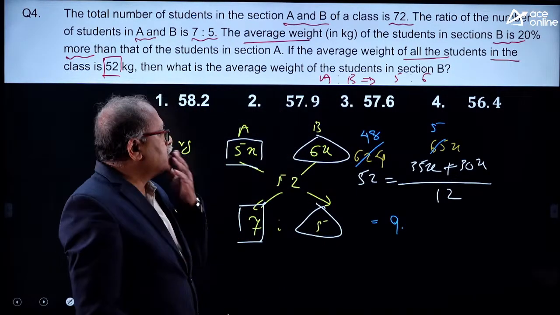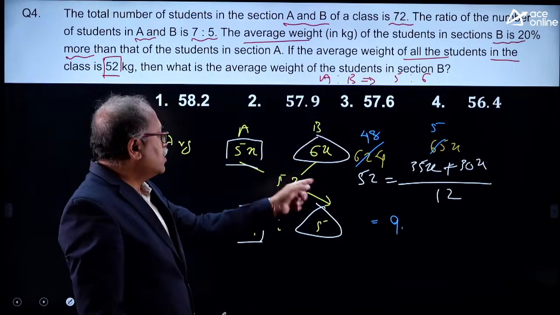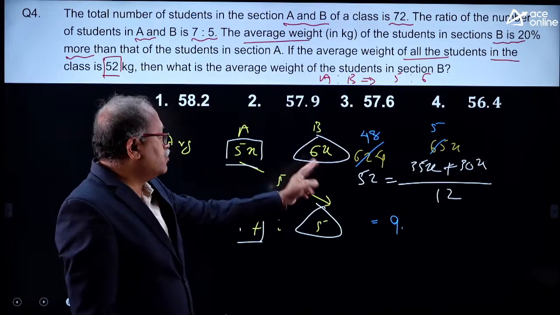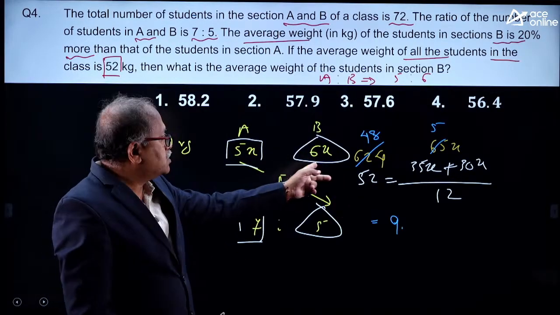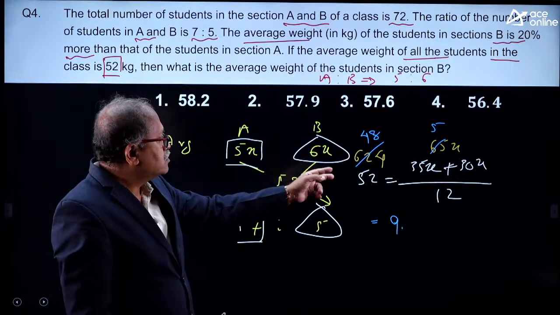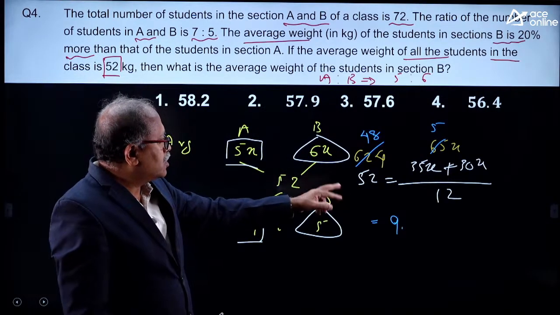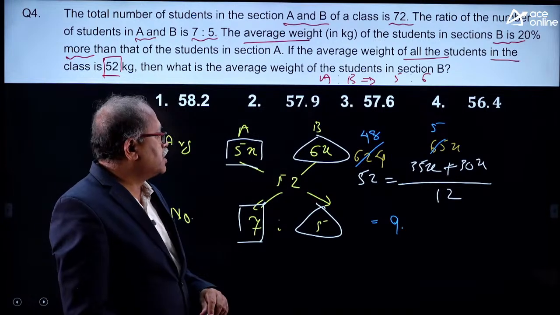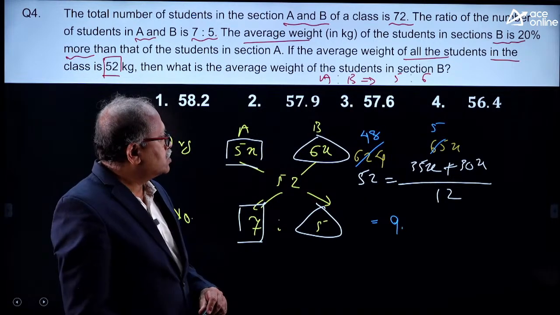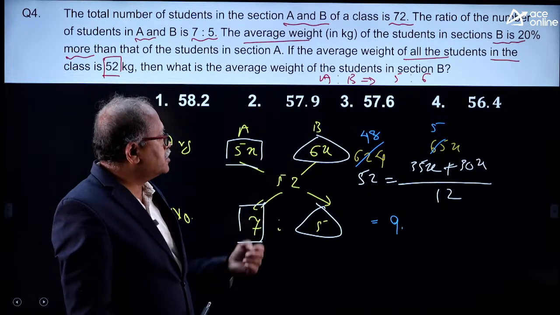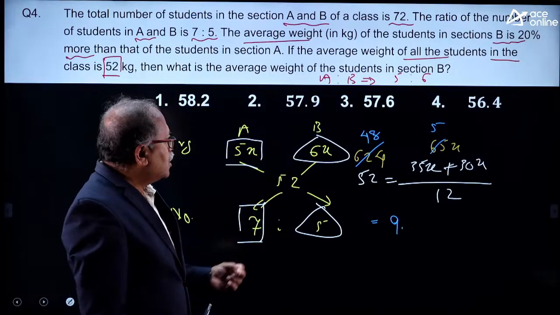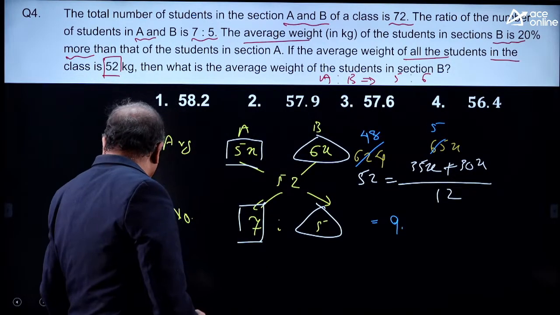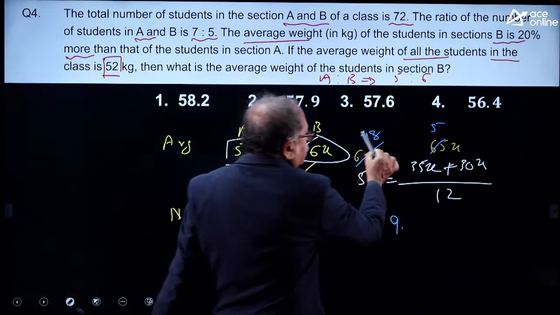Where am I making a mistake? That is 65, 12 twos are 24 carry 2, and 12 fives are 60 plus 12 twos are 24 carry 2. So 12 fives are 60 plus 2 is 62. So that calculation is correct. With 13, that is right, and I think I am making a mistake in this cancellation.